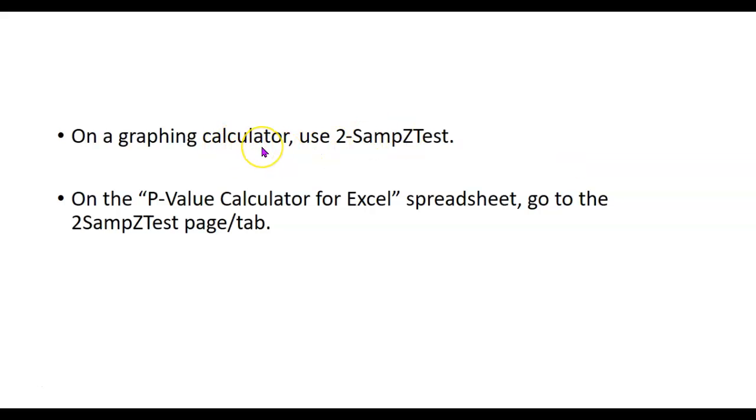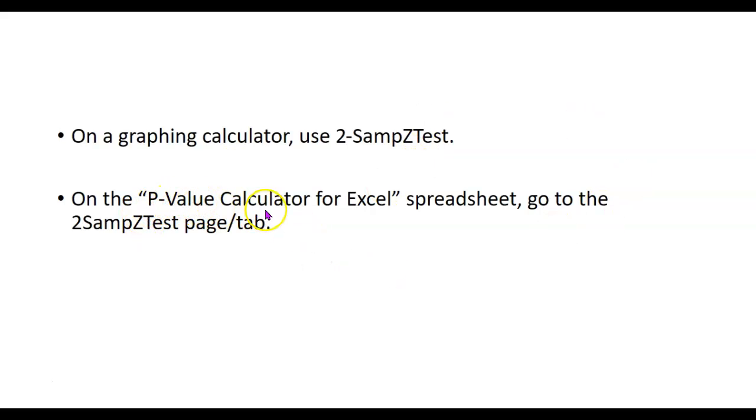You could use a graphing calculator. And here, the specific calculator function you would use would be 2samp z-test. So you would push the stat button, go to tests, and select 2samp z-test, and then type in all of those numbers.